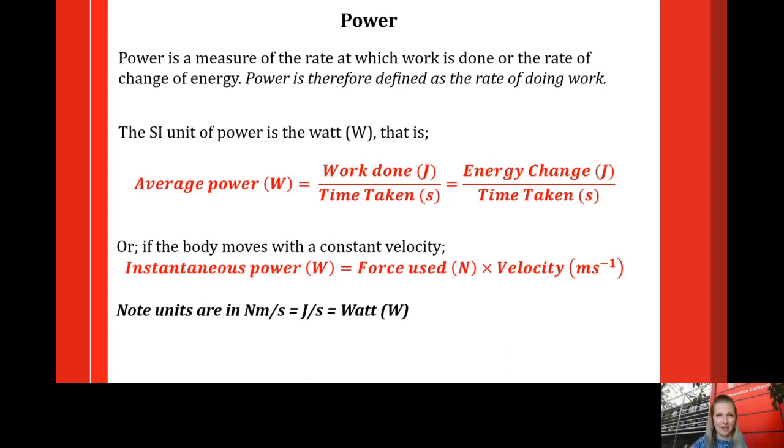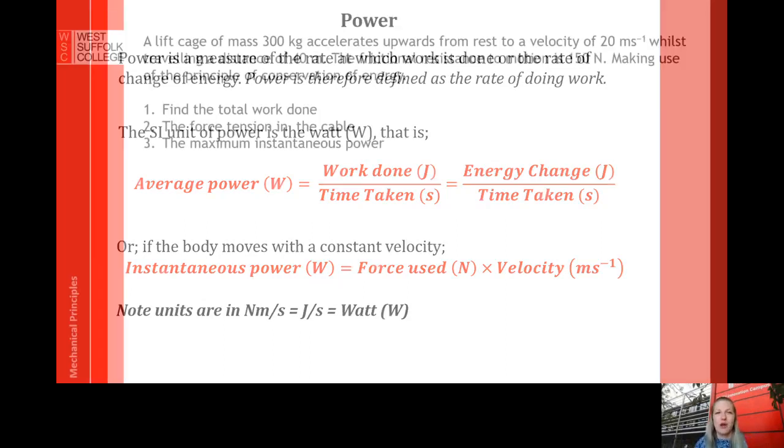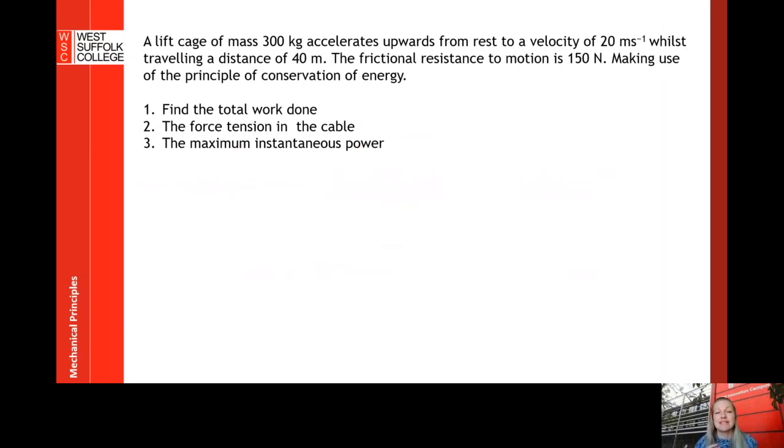So moving on to a quick example for you. In this example, I have a cage which is being lifted, of a particular mass of 300 kilograms. It is accelerating upwards from rest to a particular velocity of 20 meters per second, whilst travelling a distance of 40 meters.